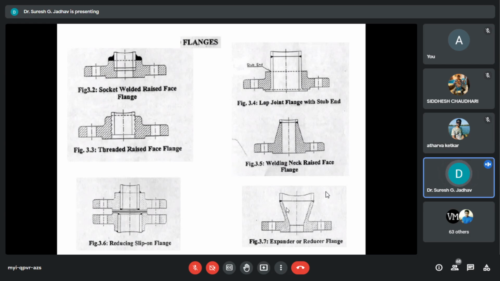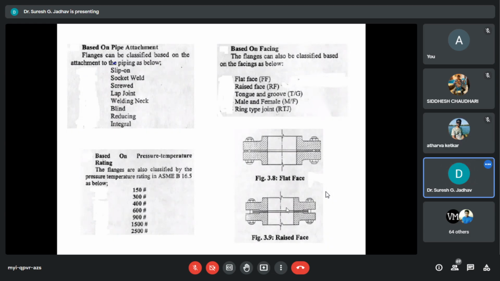For this purpose, we can use the long welding neck flange and expander or reducer flange, but they are developed by manufacturers or MSS SP-43. Based on these standards, we can develop some flanges, but they are not covered in codes.